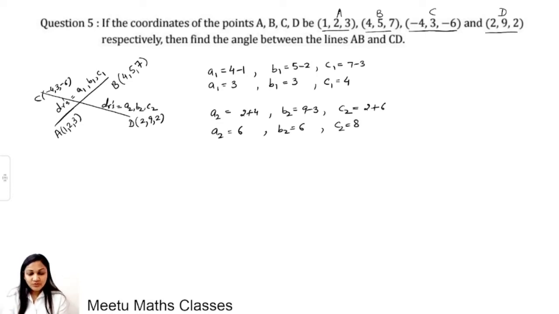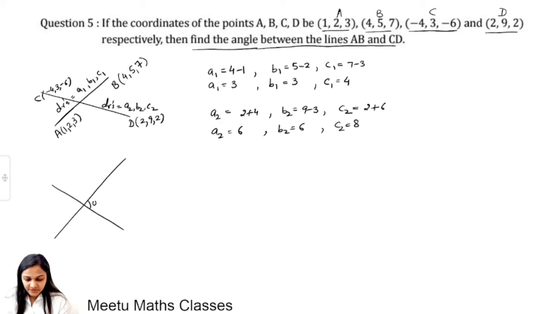So we know the direction ratios of these two lines, line AB and line CD, and we are interested in finding the angle between the two lines. Let the angle between the two lines AB and CD be theta. The direction ratios of AB are A1, B1, C1 and of CD are A2, B2 and C2.